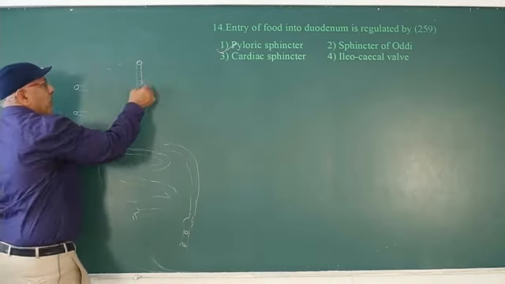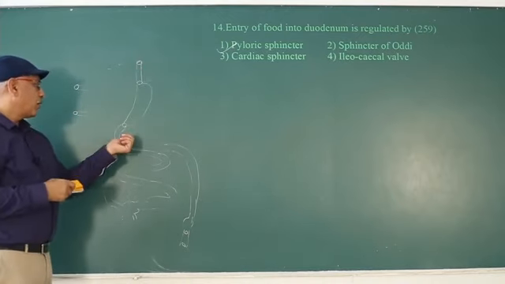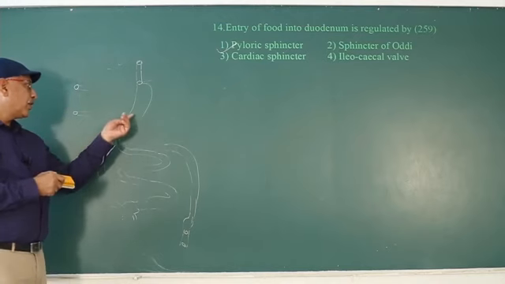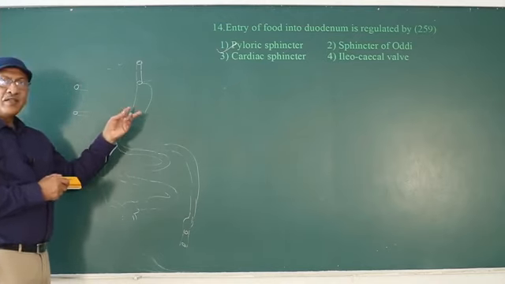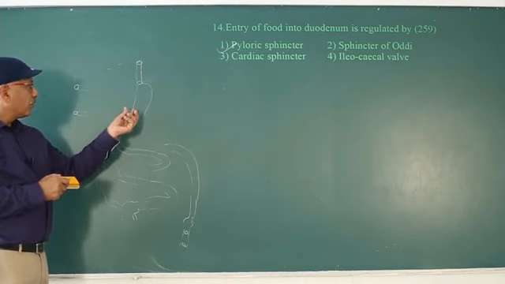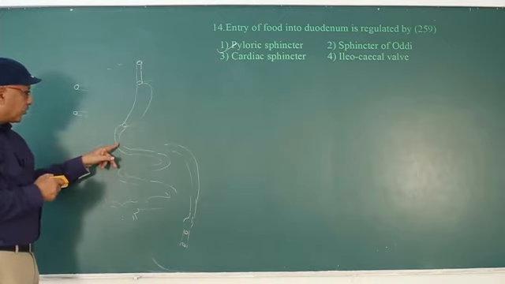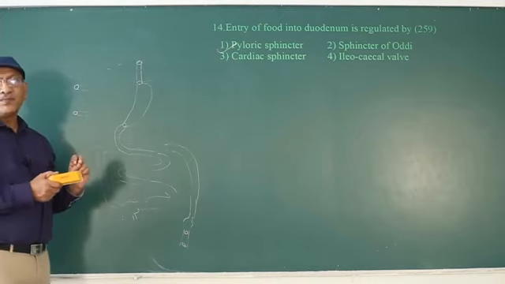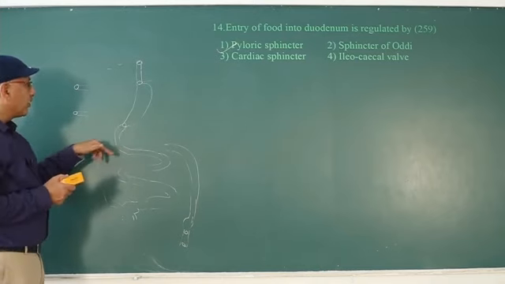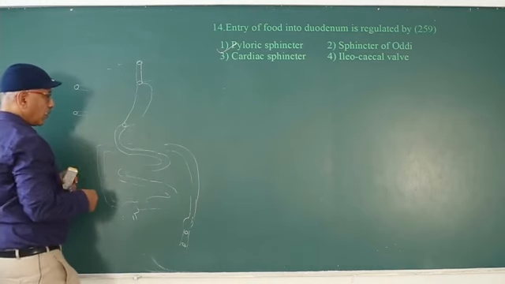Next is the pyloric sphincter, which regulates the flow of food from the stomach into the duodenum. The stomach is a wide J-shaped sac. If the food present in the stomach tried to enter the duodenum at one time, it might damage the wall of the duodenum. So the pyloric sphincter regulates the flow of food from the stomach into the duodenum.